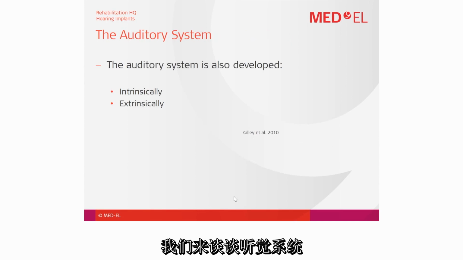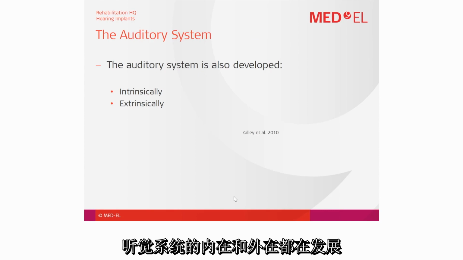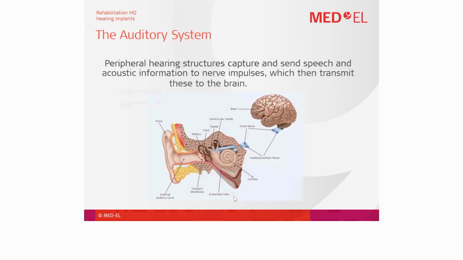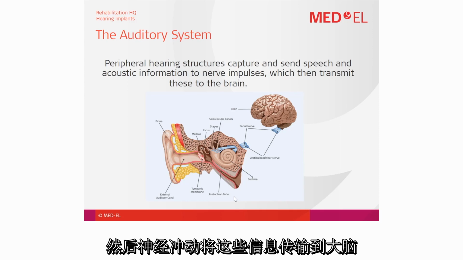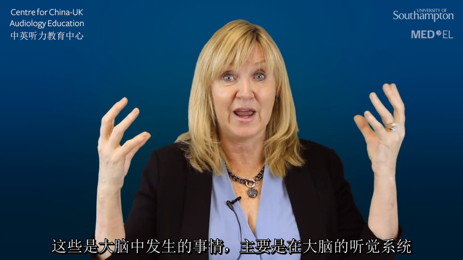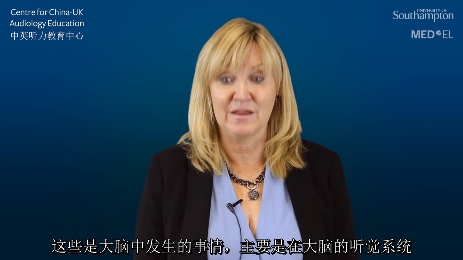Let's talk about the auditory system. So the auditory system is also developed both intrinsically and extrinsically. There are peripheral hearing structures that capture and send speech and acoustic information to nerve impulses, which then transmit these to the brain. It's what's happening in the auditory system in the brain that matters.